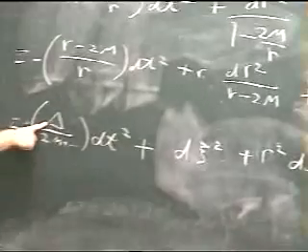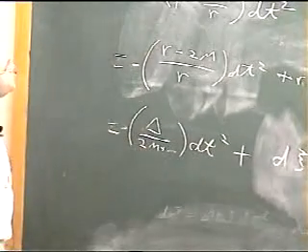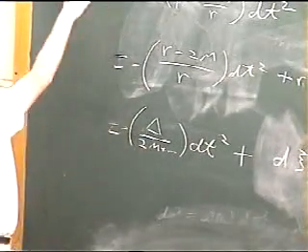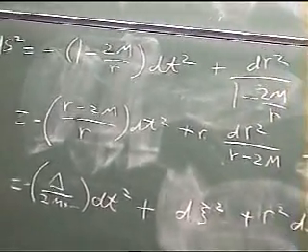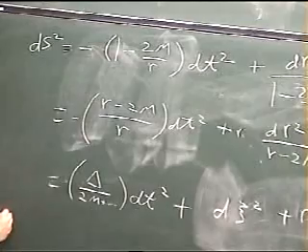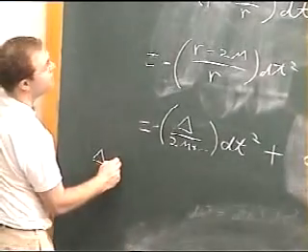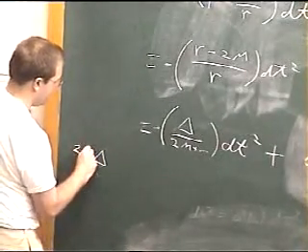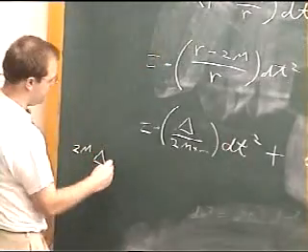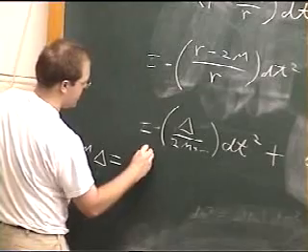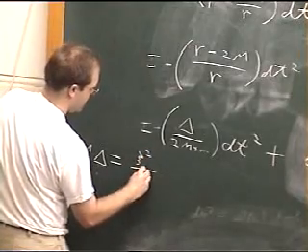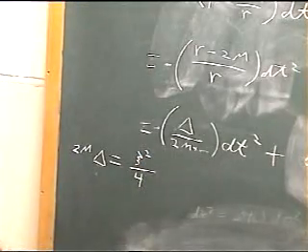All right, and now to write this, what is delta over 2m in terms of c? Okay. Well, it looks to me like 2m delta is equal to c squared over 4.